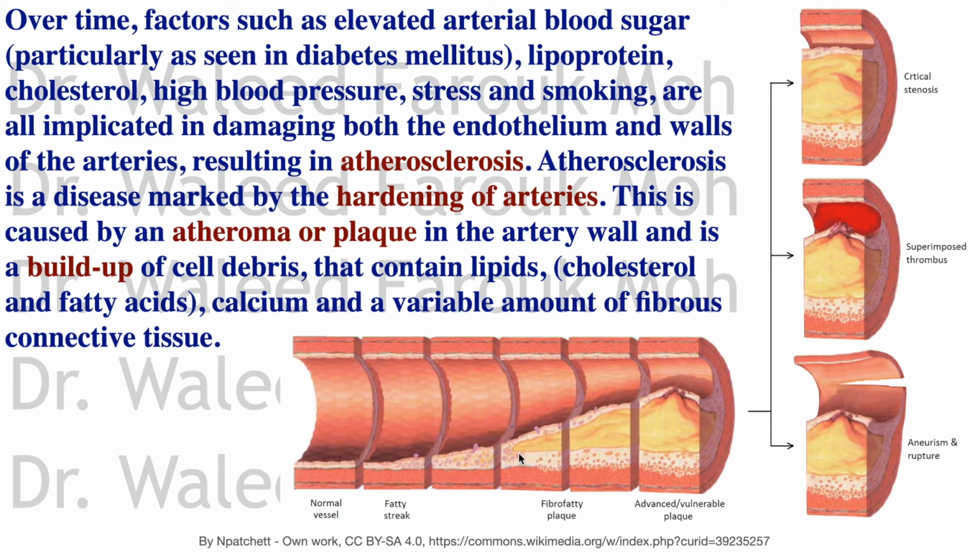It is a buildup of lipids that contain cholesterol and fatty acids, and also calcium deposits, and a variable amount of fibrous connective tissue. These are the stages of the development of the atheroma occluding the artery at the end.